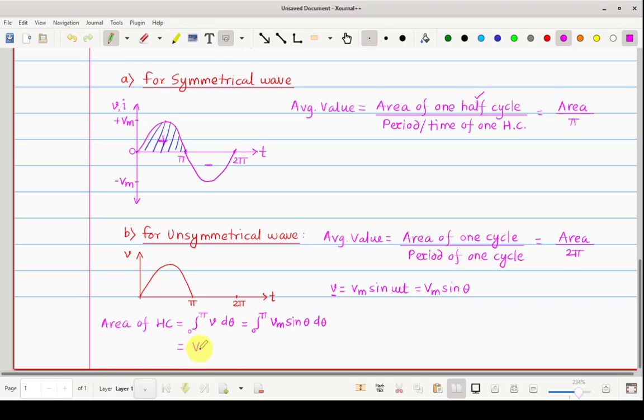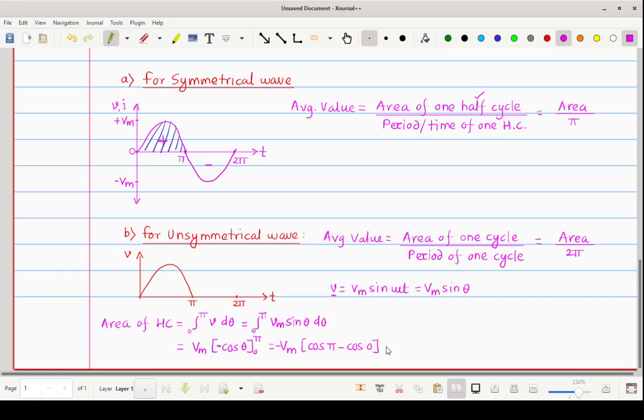Now solve this. Vm is a constant quantity, so take it outside, leaving the integration of sin theta d theta. The integration of sin is minus cos theta, with limits 0 to pi. If you take the minus sign outside, you get minus Vm, and in brackets, put the limits: cos pi minus cos 0.